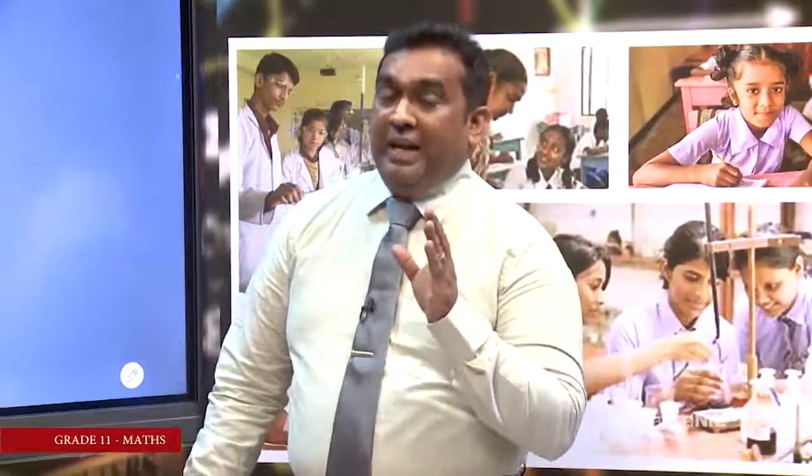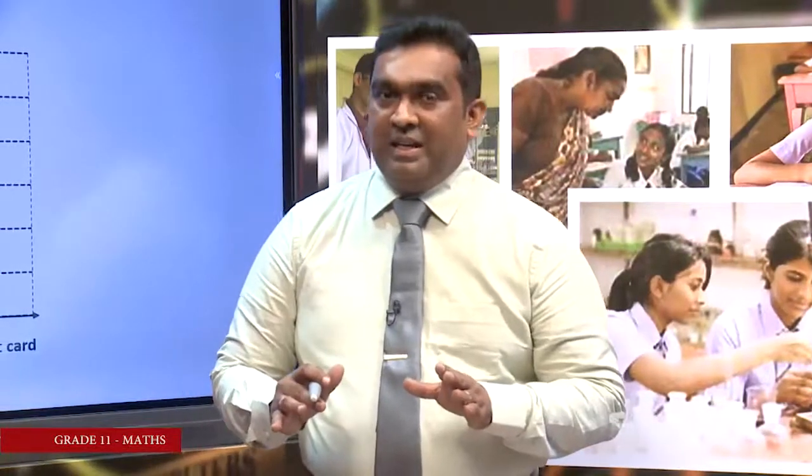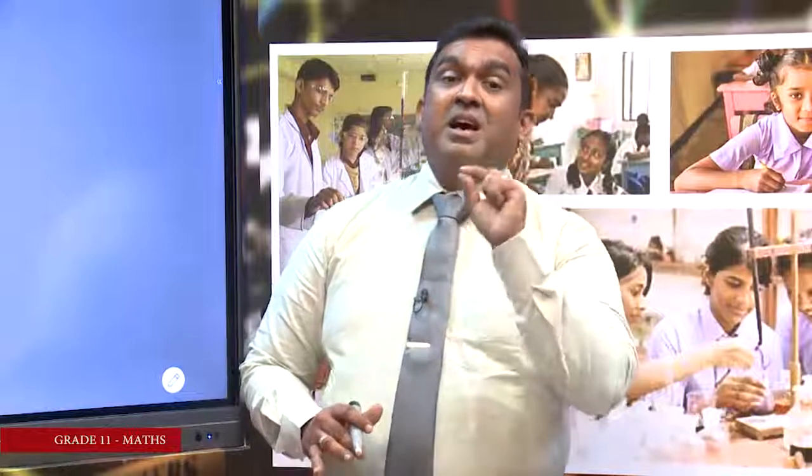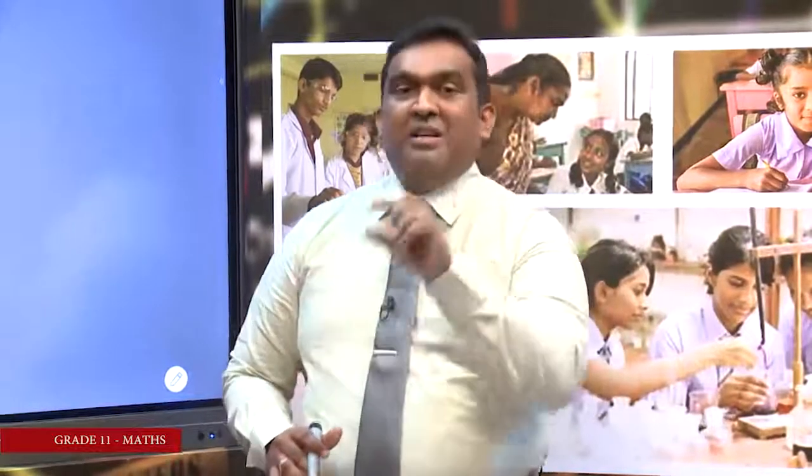Now try to identify the number of elements according to the given case, right? There are two conditions here. First one is odd. Second number should be a larger number. It means the first number is the smaller number, the second number is the larger one. Smaller odd, larger number.